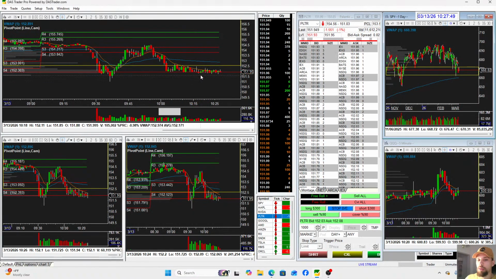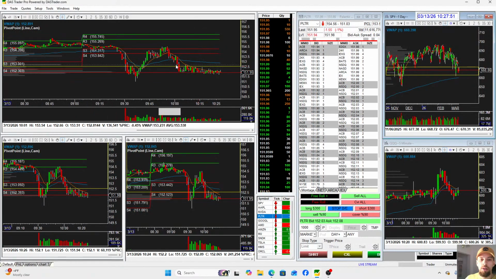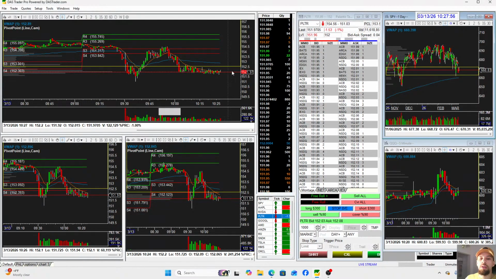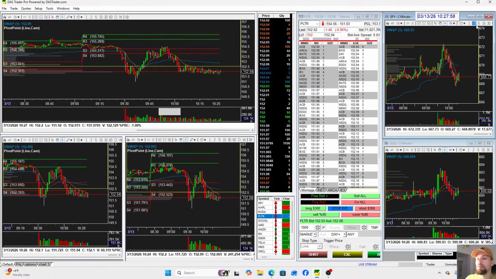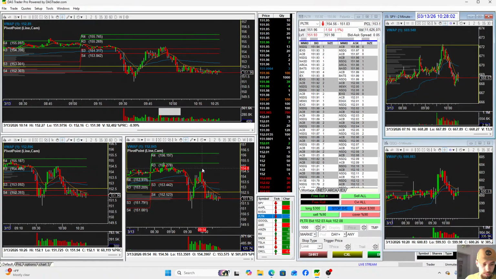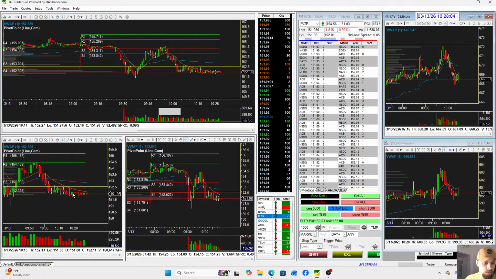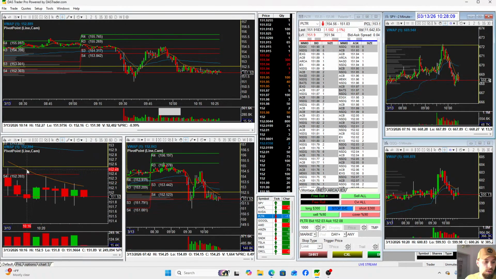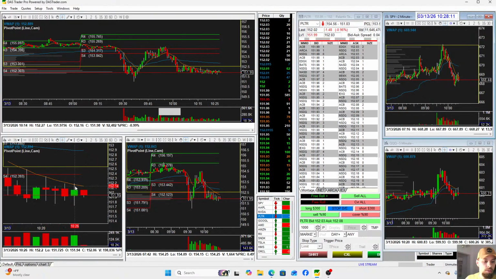PLTR just riding this little range here. Buyers and sellers are duking it out. If you're long biased right here, it'd be a little more nerve-wracking. Definitely rather want to be short. 2-minute chart here, 9 EMA. Riding the wave here, bounce point, bounce point, bounce point, bounce point.